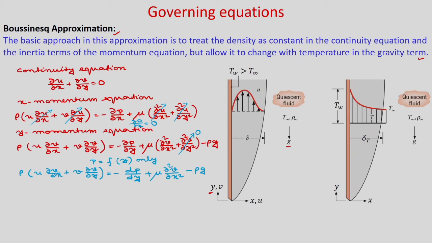So, this is your boundary layer equation for flow over a vertical plate, and this is your y momentum equation. In the x momentum equation you will get del p by del x as 0.